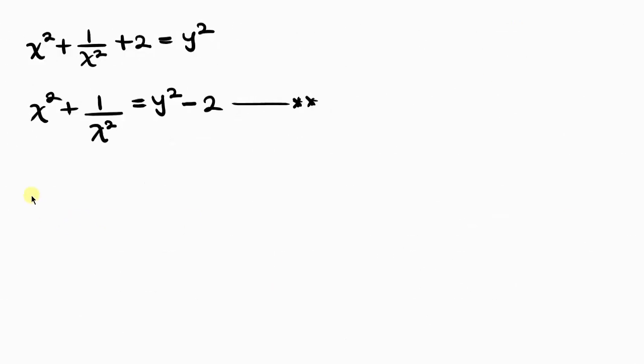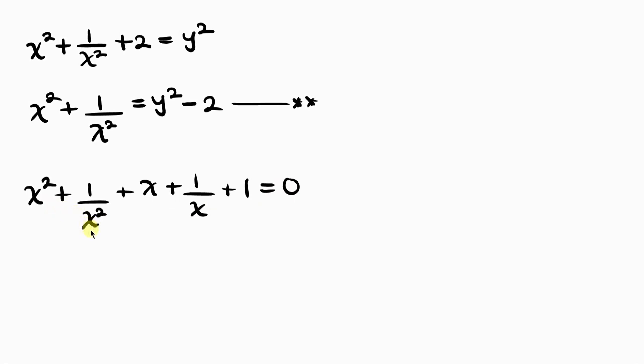Alright, so originally we have x squared plus 1 all over x squared. Well, I'm rewriting the equation so that we see what we're doing. Plus x plus 1 all over x, plus 1 is equal to 0. So this is the equation we have. Now we're going to be substituting equation star and equation star star here.